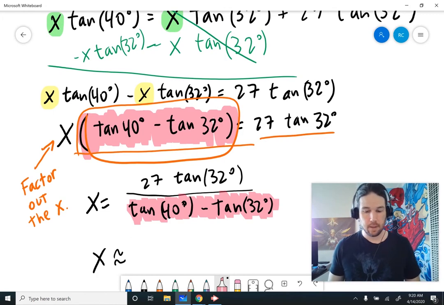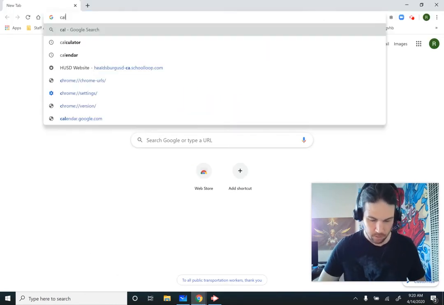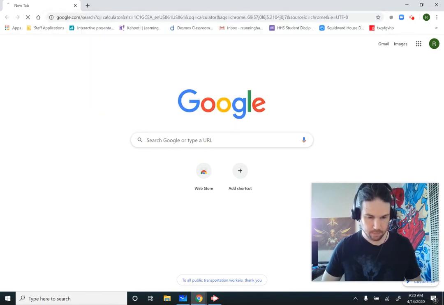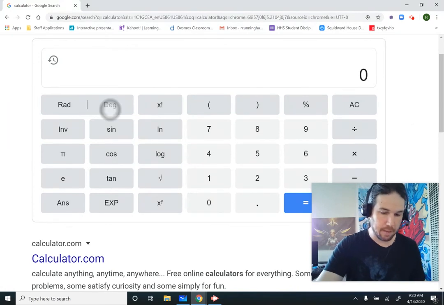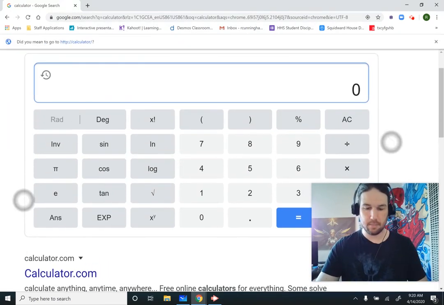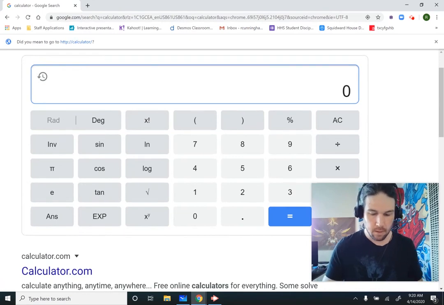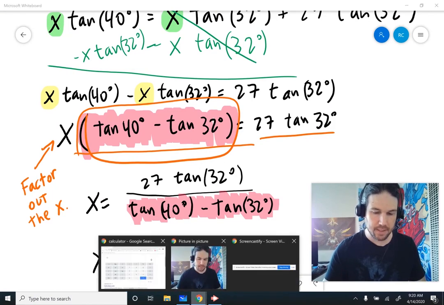All right? So let's see. I'm going to go to calculator. I'm going to make sure that I am in degrees. Don't forget that. We're going to learn about radians in a little bit. Now, let's see. 27 times tangent of 32 degrees. I'm going to use parentheses here.